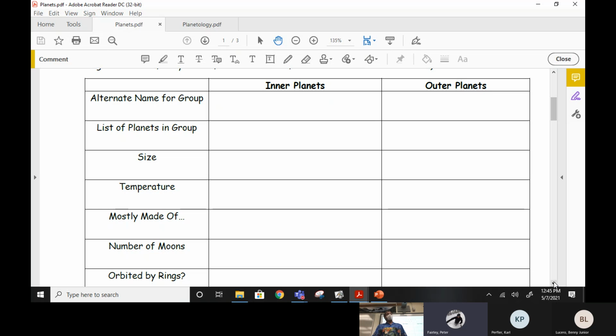Let's see, what do you think about temperature? If they're closer to the sun, in general, it's going to be warmer for the inner planets and colder for the outer planets.